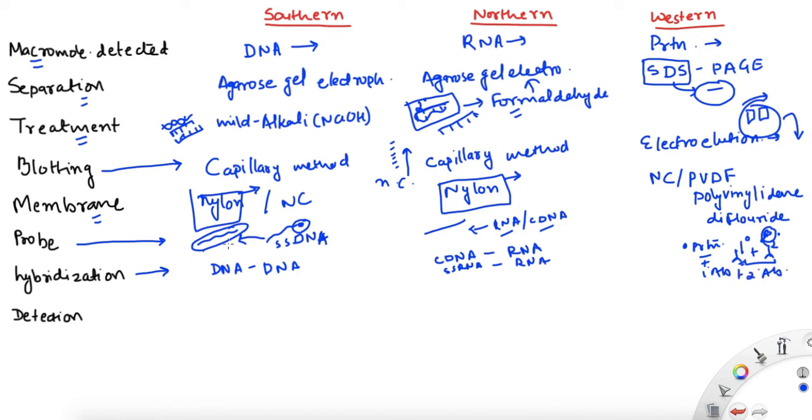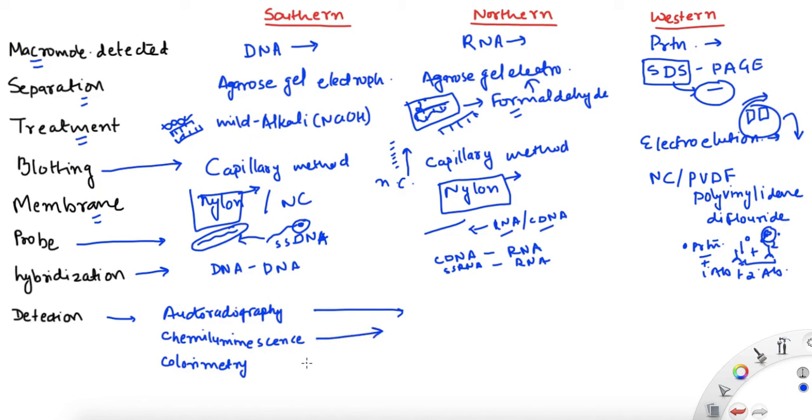And once you know what kind of probe you use, the detection is also easy. We can use autoradiography, chemiluminescence, or any kind of color reaction. So colorimetry, any kind of color change or color reaction. The same we can use for RNA in Northern blotting: autoradiography, chemiluminescence, and colorimetry, based on the kind of probe we use.